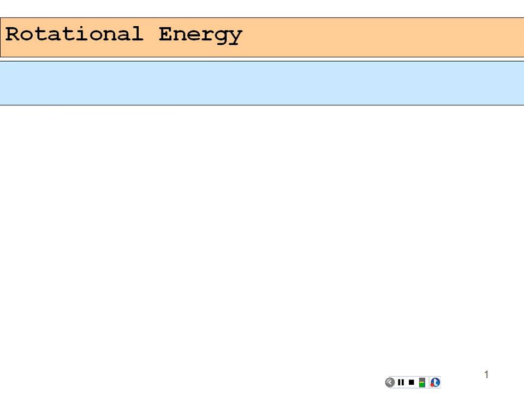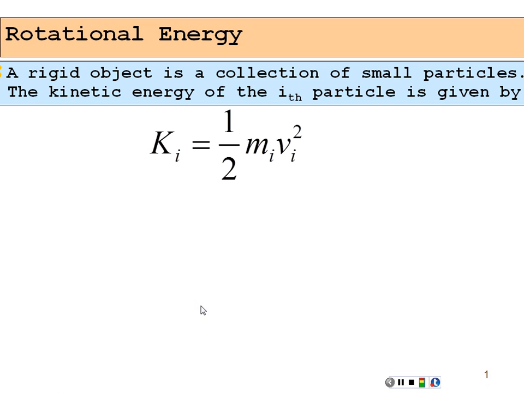We want to find an analogy for rotational motion that deals with mechanical energy. So, consider this. If I were looking at just one little piece of that wheel, I would say that the kinetic energy of that ith particle of that wheel is equal to 1/2 the mass of that particle times its linear velocity squared.